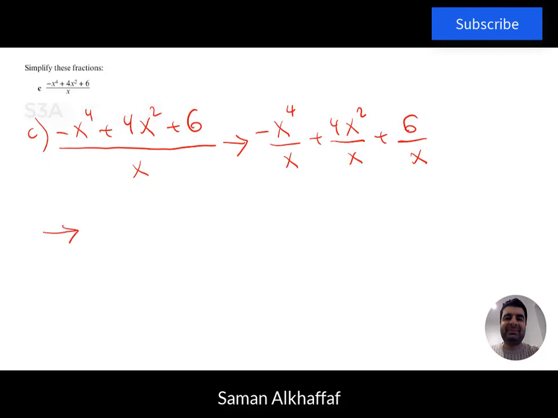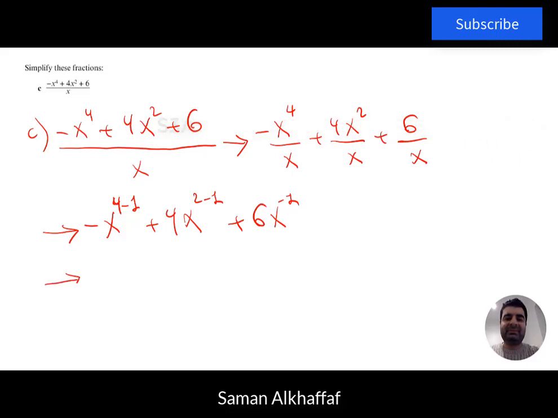So to simplify this expression, that will give us minus x to the power 4. When we move the denominator up, that becomes a negative term, so that would be minus 1 plus 4x squared minus 1 plus 6, and when we move the x up, that becomes x to the power of minus 1. So now we can either keep it as 6 over x, or we can write it as 6x to the minus 1.